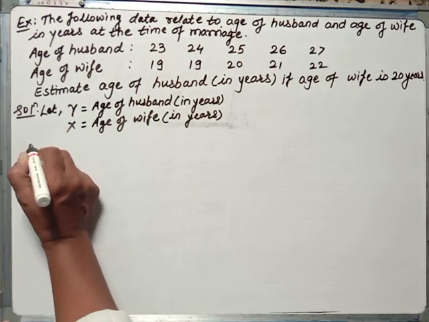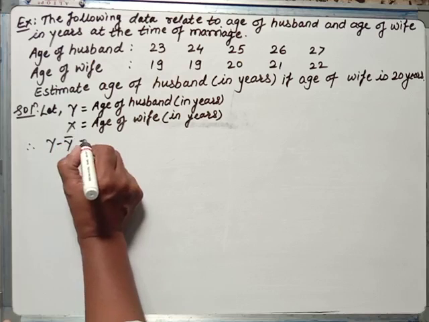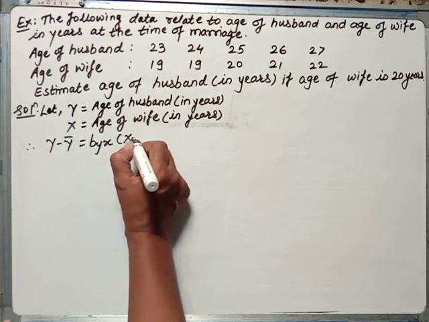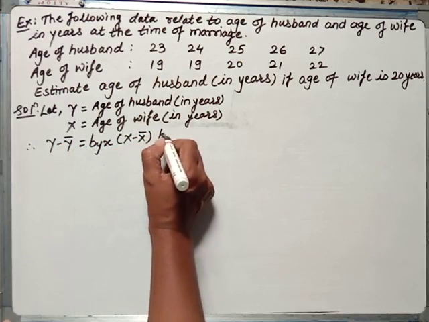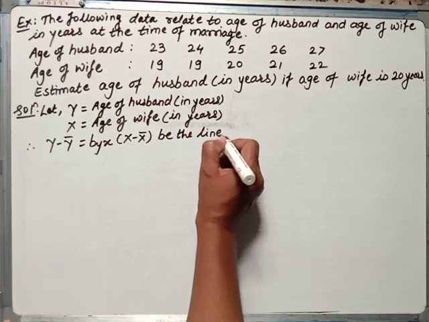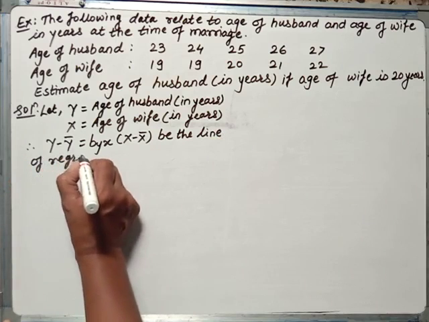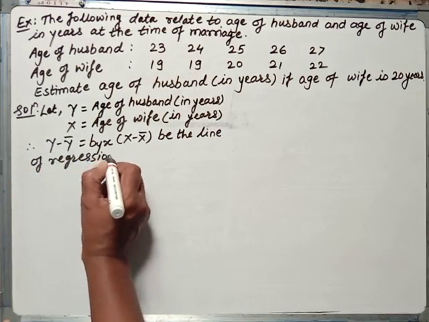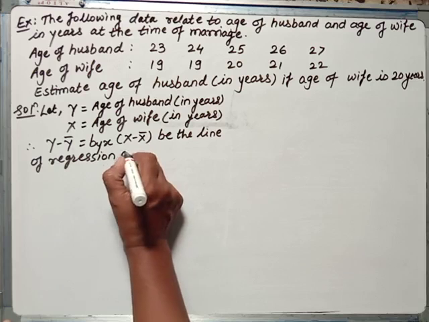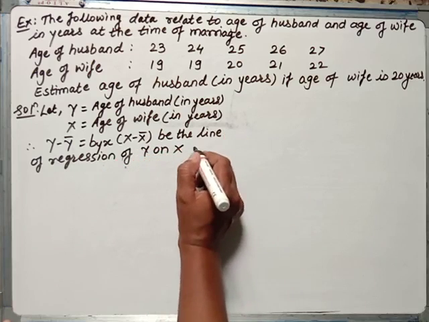Remember, therefore, y minus y bar equals byx into (x minus x bar) is the line of regression of y on x that we have to use, right?